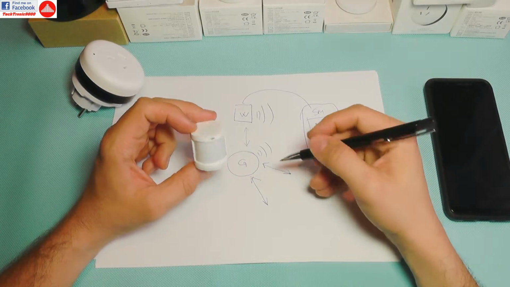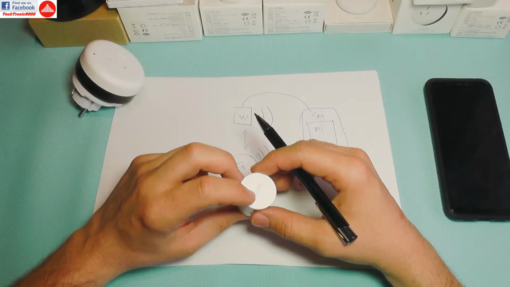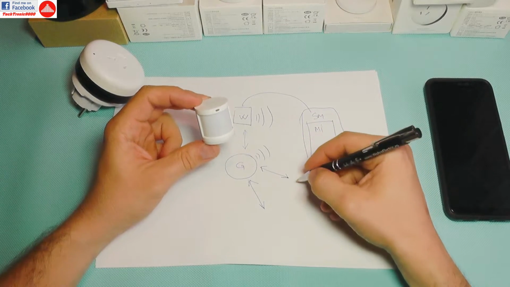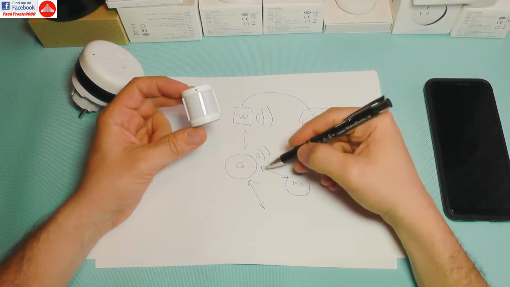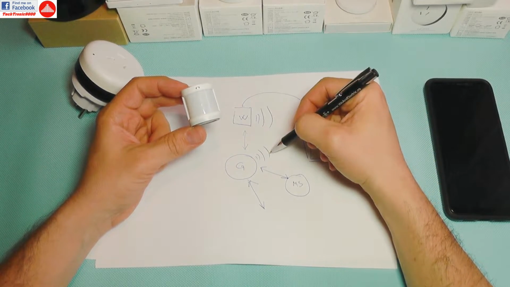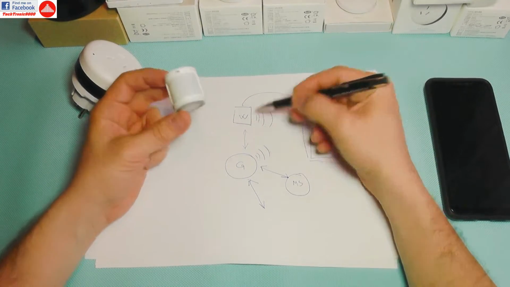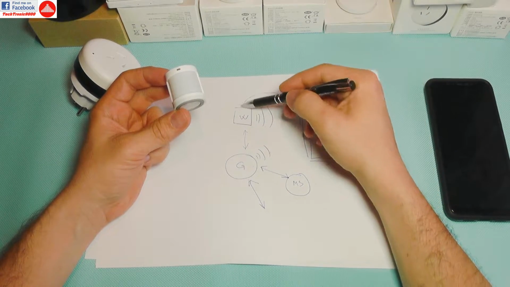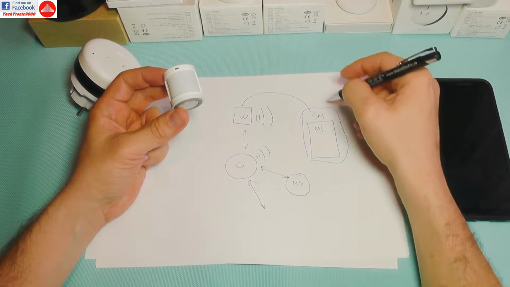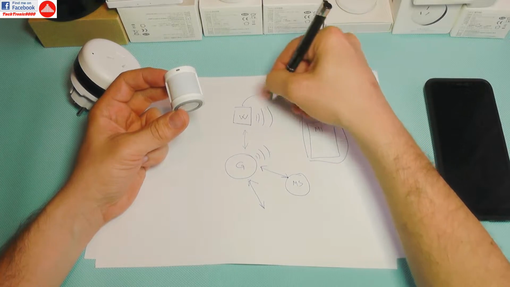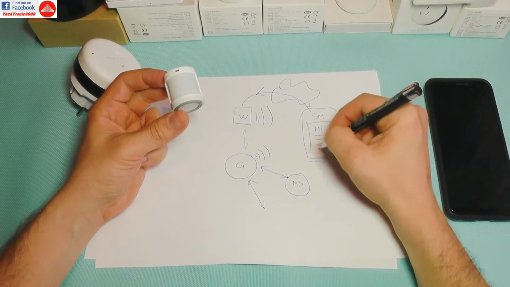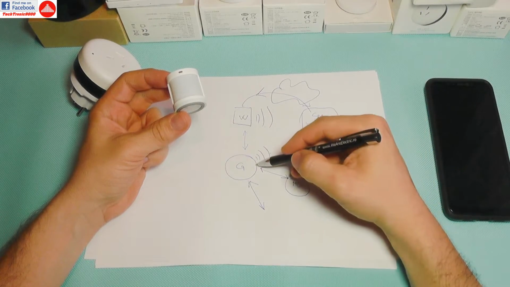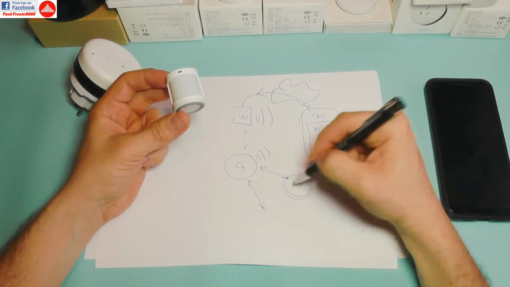This uses its own protocol, it's a Zigbee protocol, and this is the motion sensor. The motion sensor will connect to the gateway, while the gateway will use the wireless to connect to the wireless network, and the wireless network will connect to the cloud. The cloud is somewhere here, and the cloud will connect to the app. And in the app, I'm going to set the settings for the gateway and also for this sensor.